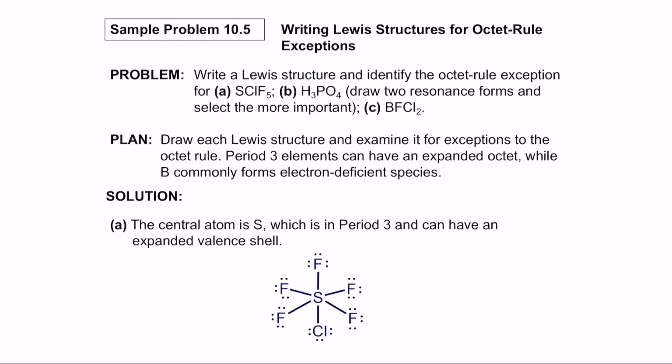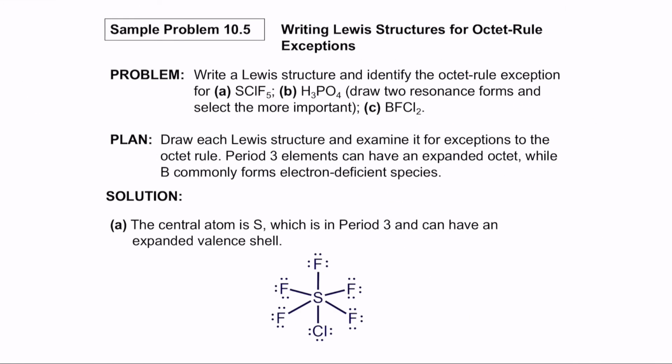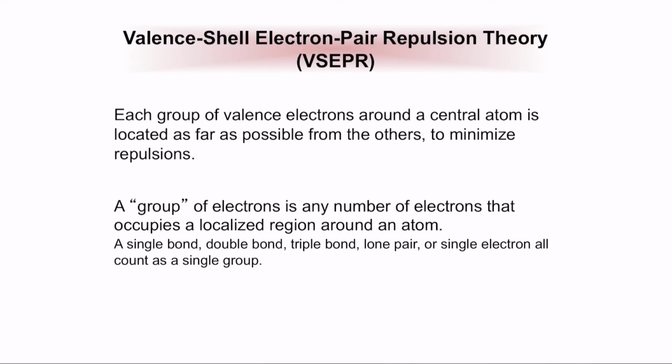You can take examples of these. For example, here you have SClF5, which results in this structure formation, which is an expanded valence shell. H3PO4 also has an expanded valence shell. You also have BFCl2, which is an electron deficient molecule.